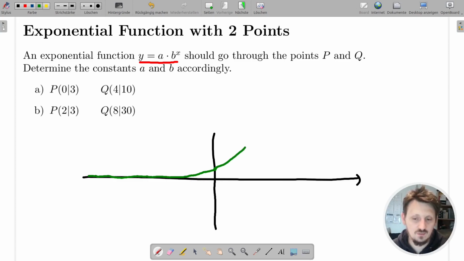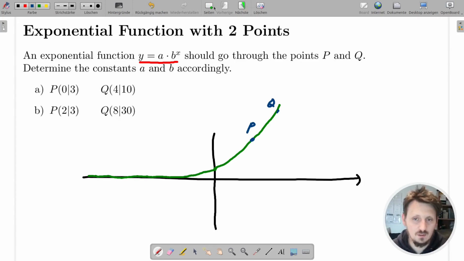And then it rises very quickly, even more than I can show here. But it's just to show you the idea behind it. And then we have here 2 points. For example, this could be p and this could be q. And as I said, we want to define our function in a way that it goes through these 2 points. And then we can do this directly by diving into the topic.